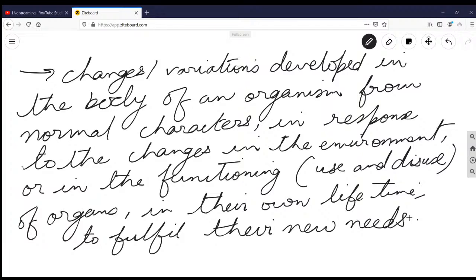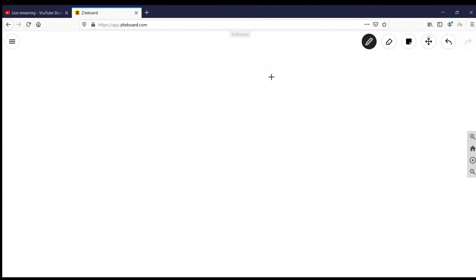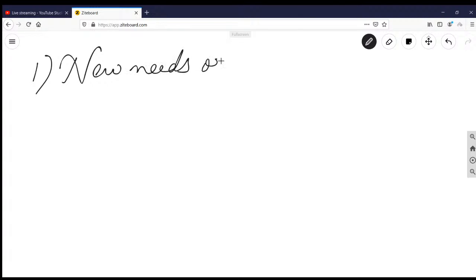So the postulates of Lamarckism, if we talk about them one by one, on which postulates is his theory based? Number one is new needs, or wants, or desires, whatever you want to call it. As per him, every living organism is found in some kind of environment.